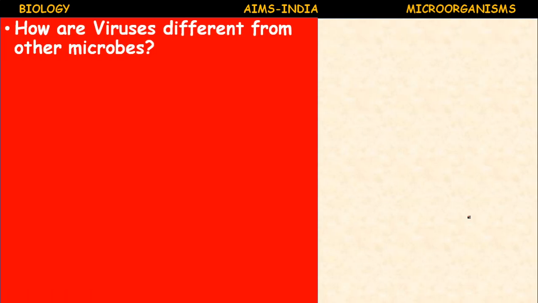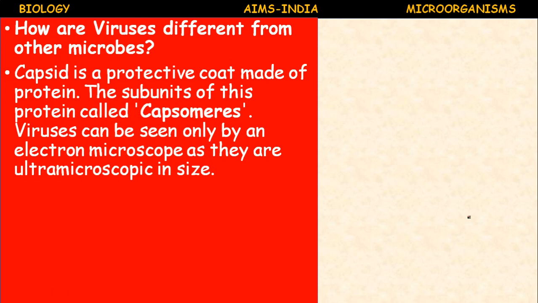Next, how are the viruses different from the other microorganisms? Once again, let us know more. The capsid is a protective coat made of protein. A virus is nothing but nuclear material covered by a cap-like structure called capsid. This capsid is a protective coat made of proteins. The subunits of this protein are called capsomeres.